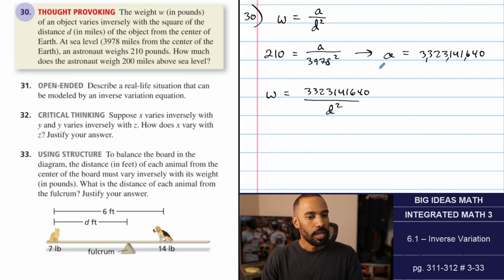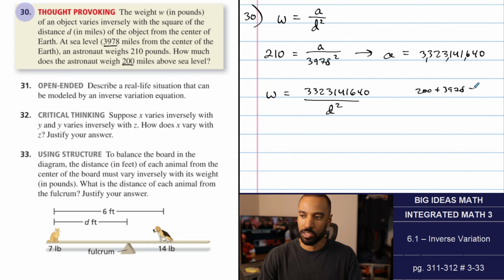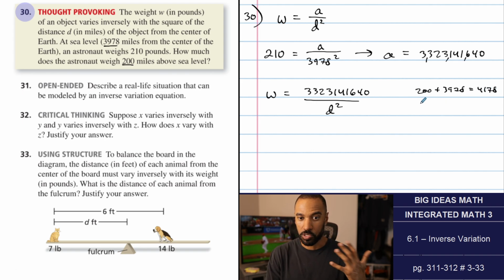Keep that in mind. It says, how much does the astronaut weigh 200 miles above sea level? Remember, at sea level is also this, so 200 miles above that is an extra 200 on top. 200 plus 3978 is 4178, so that many miles from the center of the Earth.